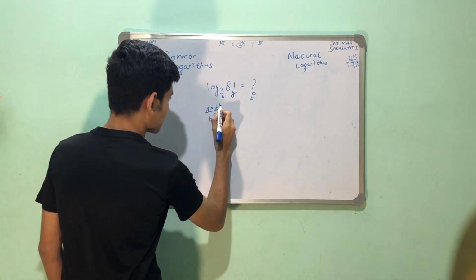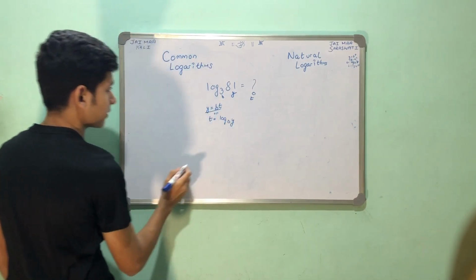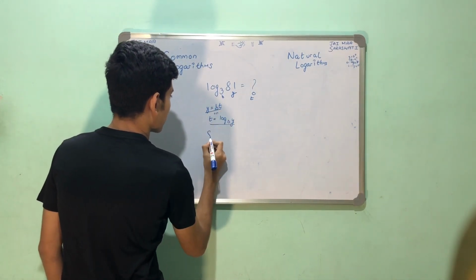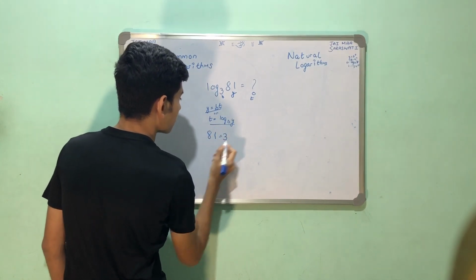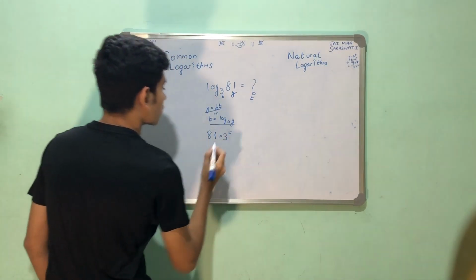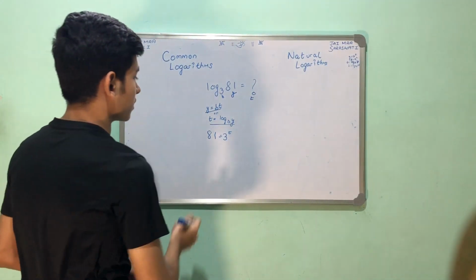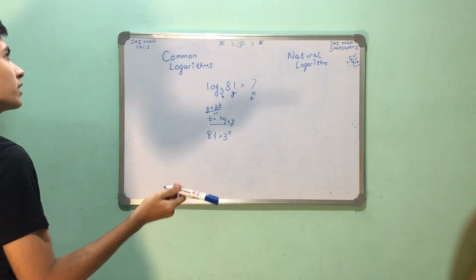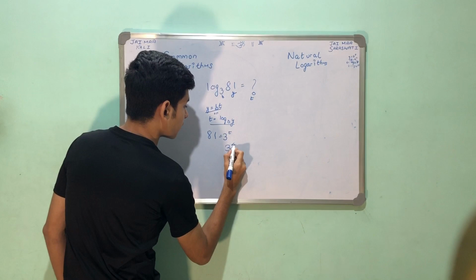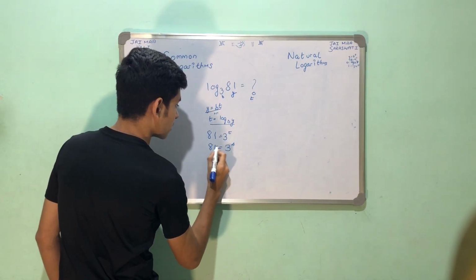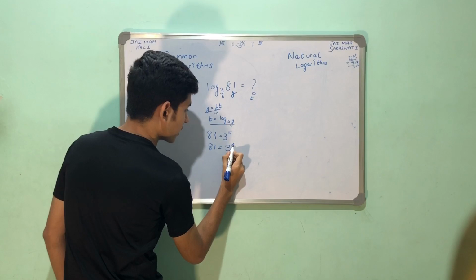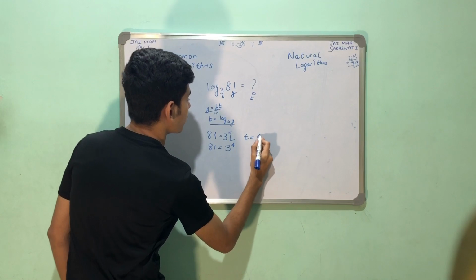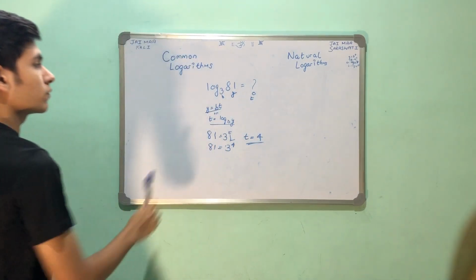So writing it in this form, y is 81, b is 3, 3 to the power, let's say t. So 3 to the power how much will get you to 81? 3 square is 9, 3 to the power 3 is 27, and 27 into 3 is 81. So 3 to the power 4 gives you 81. So the value of t is 4. We had to find the value of t.